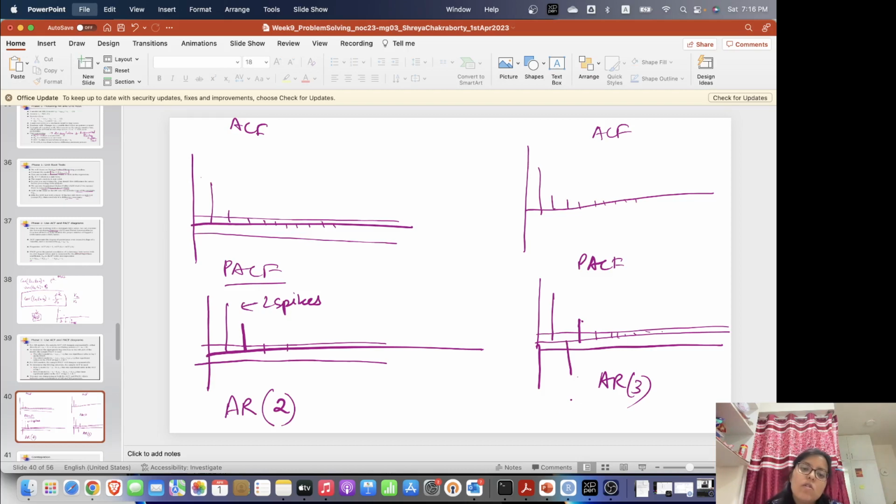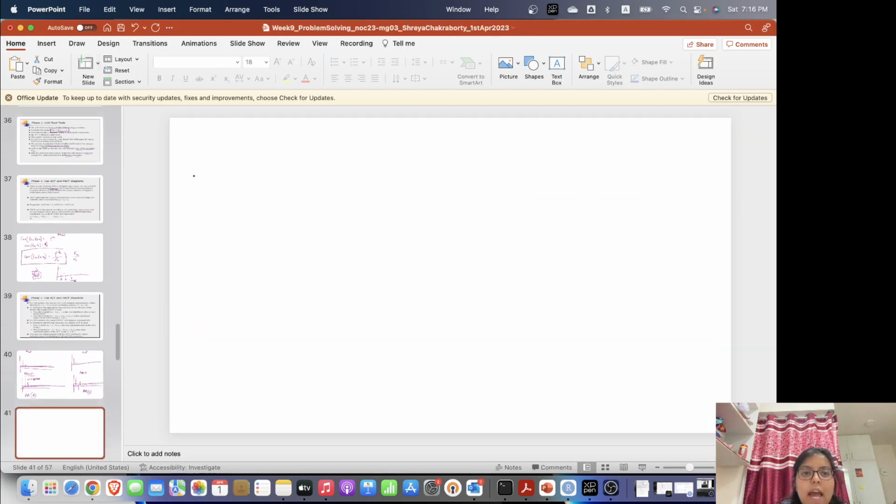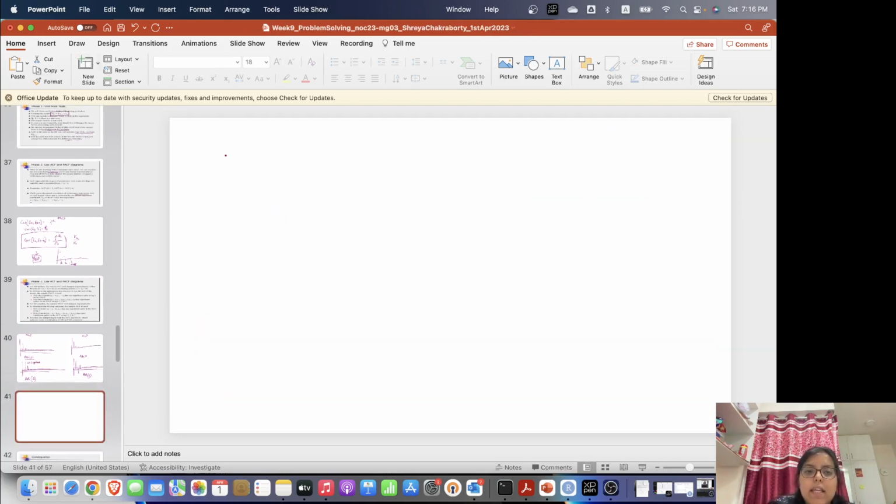Now, in most real life situations it will not be as clear as this, so then you might have to take a call. For the MA models, the PACF will go away gradually, and you will have spikes in the ACF curve.